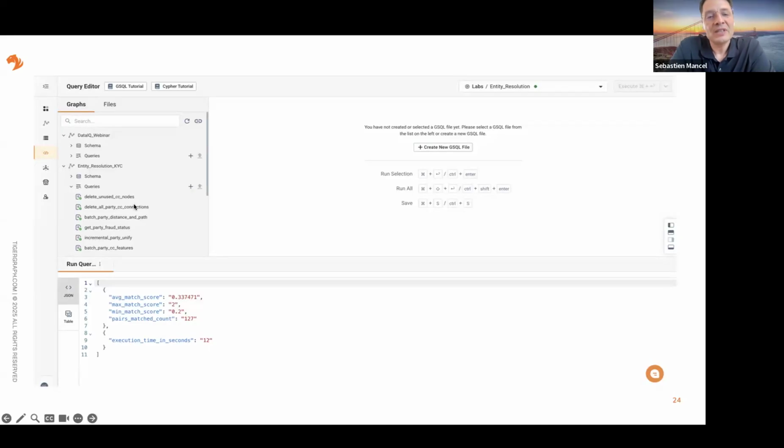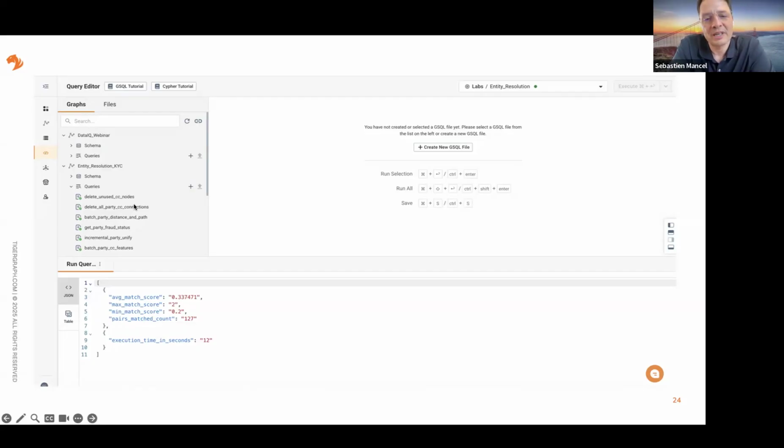All right, so this slide shows the output of the entity resolution query. Here the system is counting how many matched entity pairs were found, in this case, 127. Along with the count, we're also capturing key quality metrics: the average, the minimum, and maximum match scores.